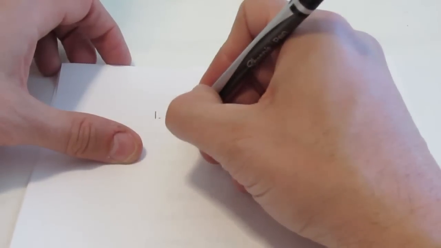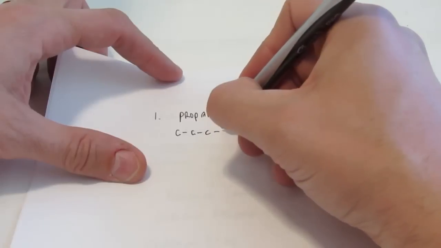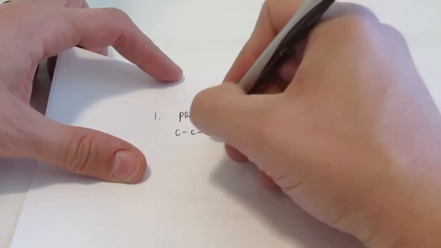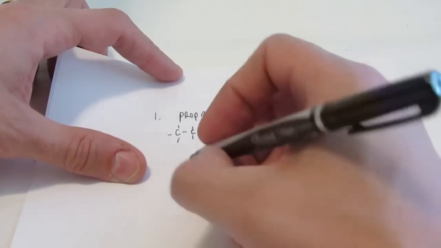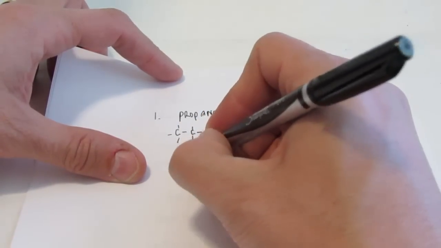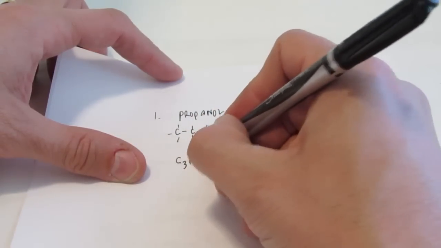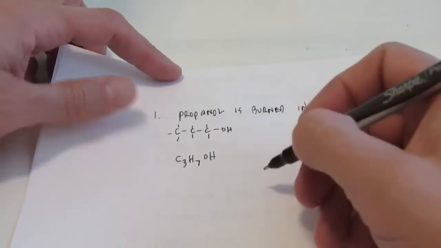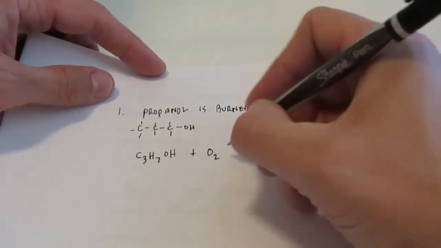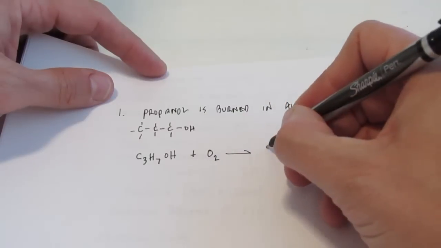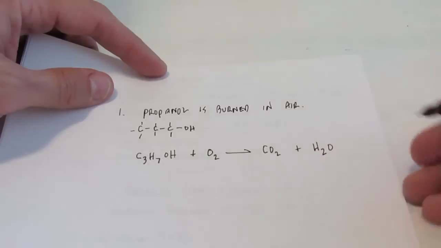So maybe I would draw a quick Lewis structure and say, okay, I know it's an alcohol, so I know there's an OH group at the end, and then these dashed lines will say our hydrogens. So the formula for propanol is C3H7OH. Now it's burned in air, so of course it's the oxygen in air that will be doing the combustion. And my products are always going to be carbon dioxide and water.